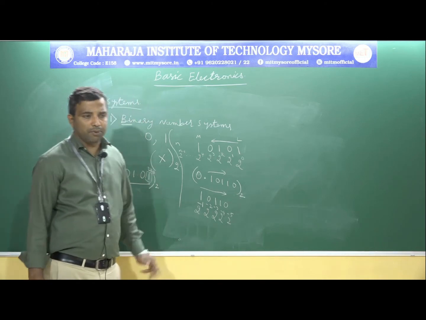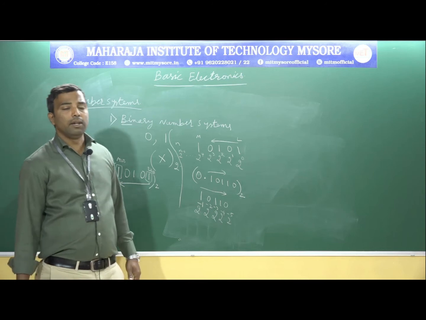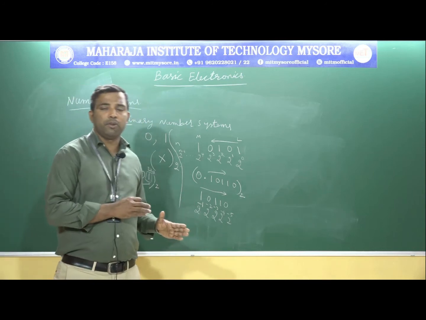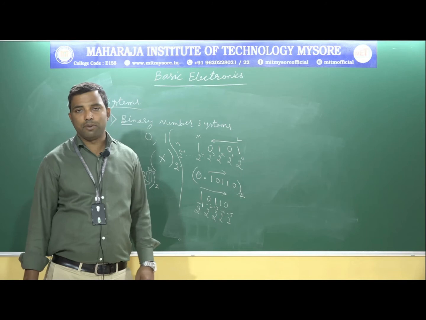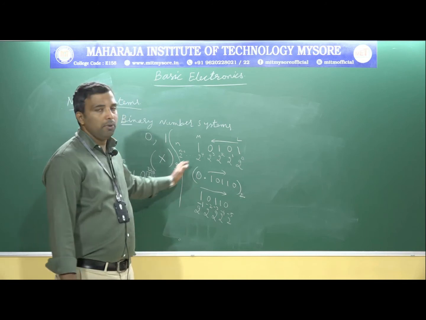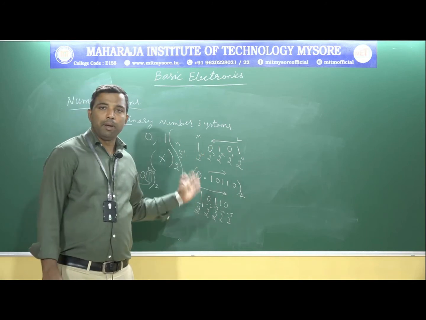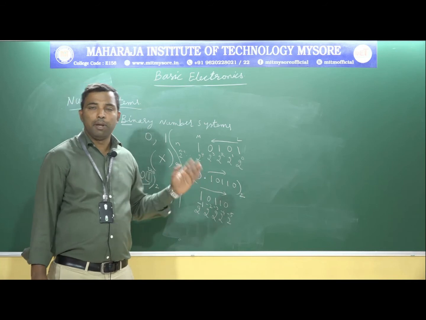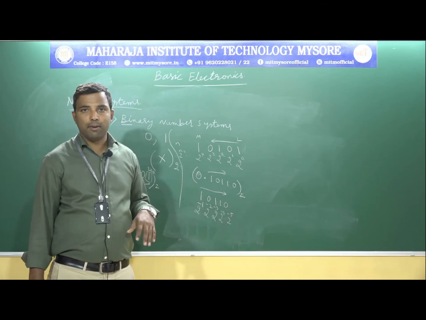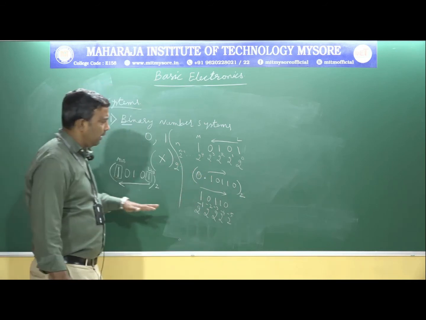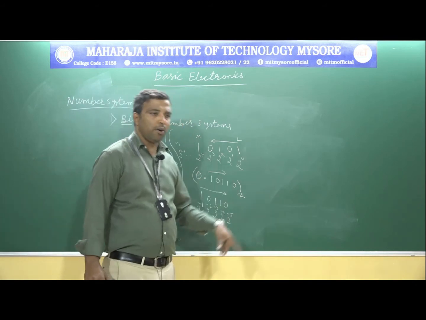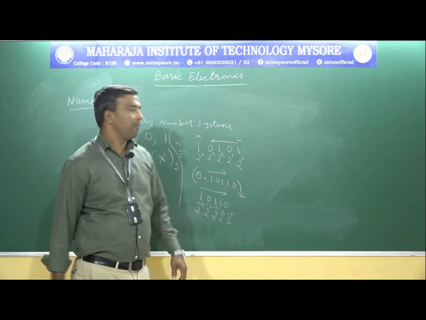Now, in this number system, we can convert from one number system to the other, for example binary to decimal, binary to hexadecimal, binary to octal. We will discuss in detail after discussing all the number systems.